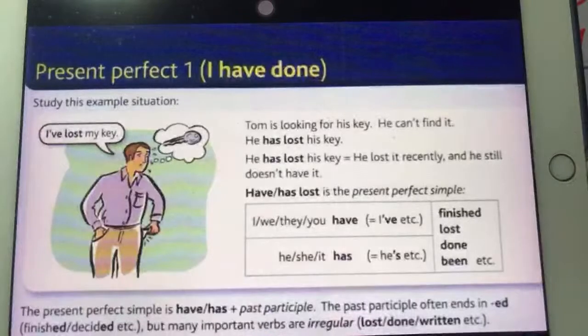Okay. So I'll read this one. The present perfect simple is have or has plus past participle. The past participle often ends in ed. But many important verbs are irregular. Okay. Do you understand? Okay. So let's move on.